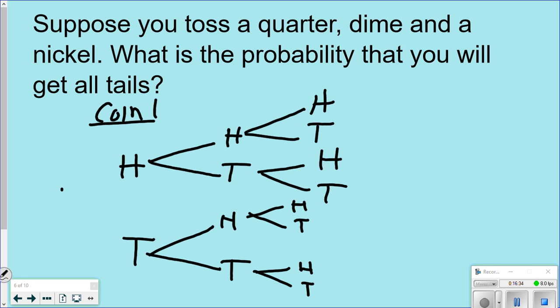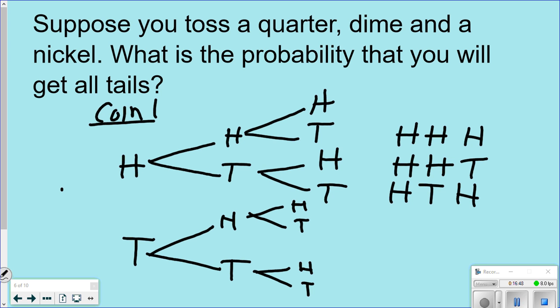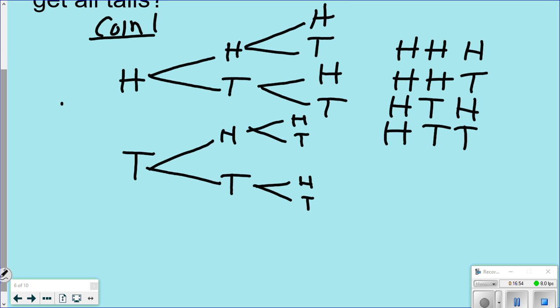So let me show you all the possibilities I could have. I could have a heads, heads, heads. I could have a heads, heads, tails. Okay? I could have a heads, tails, heads. I could have a heads, tails, tails. That's only if I start with heads. Then I could have a tails, heads, heads.